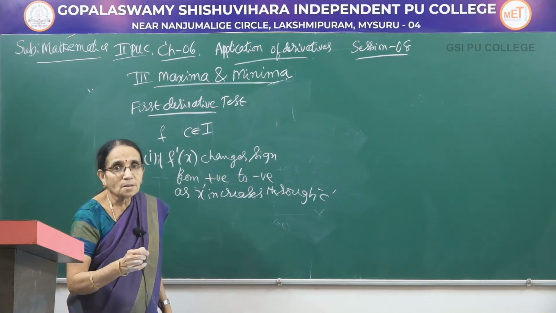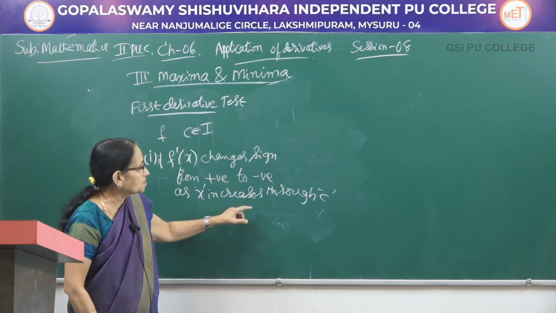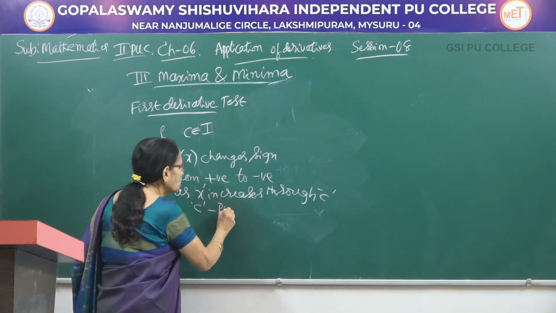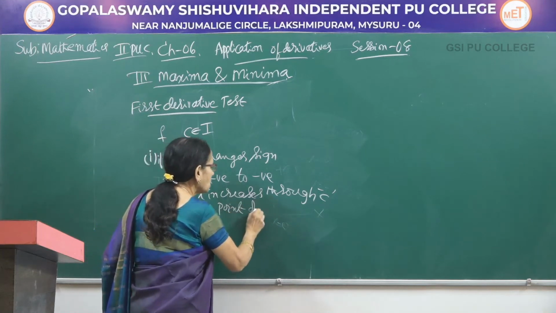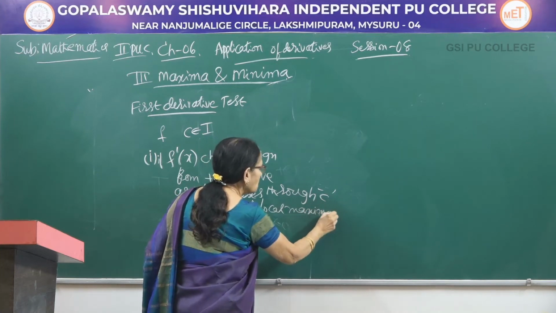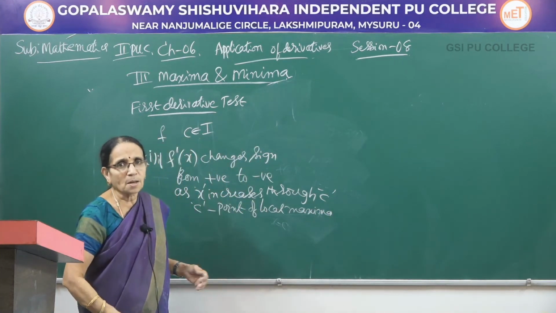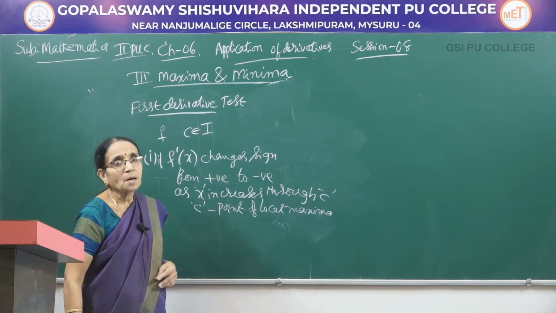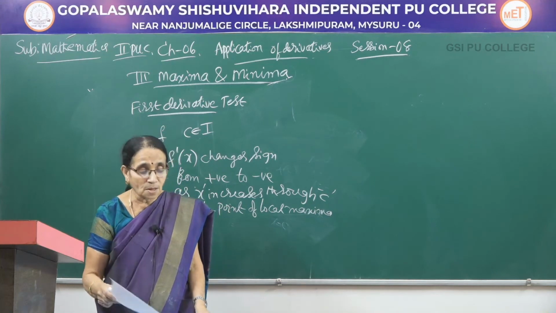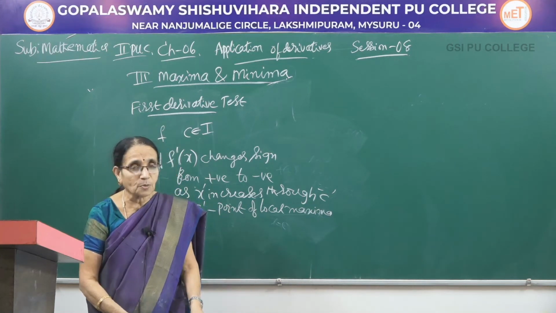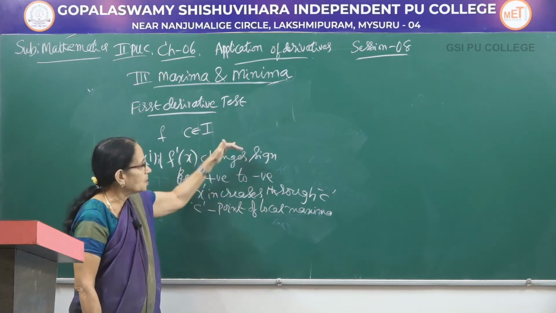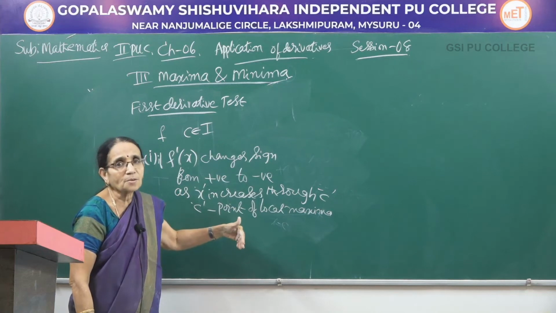What is C? C is the critical point. So as x increases through the point C, C is called a point of local maxima, or a local maximum point. When does it happen? I showed you the graph here. First, the function was increasing, that means f dash x is greater than 0. Then the function decreased, then f dash x is less than 0.